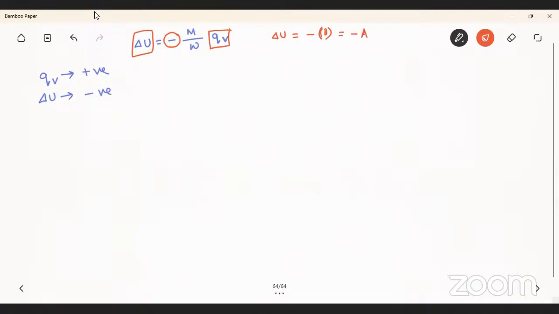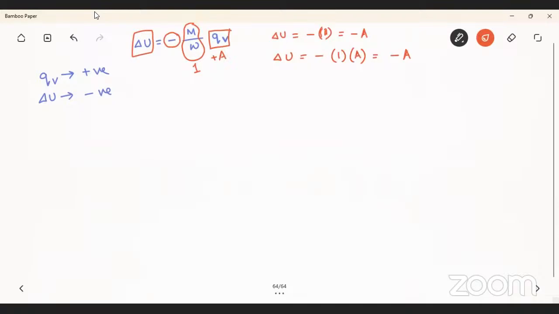Delta U is equal to minus of 1 into A. It is minus of A. So if QV is positive, we are getting delta U as negative. Is this part clear?